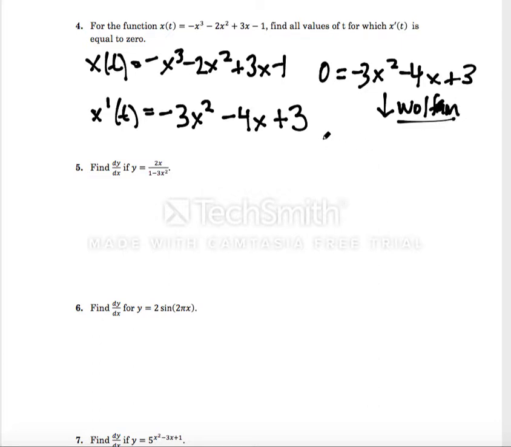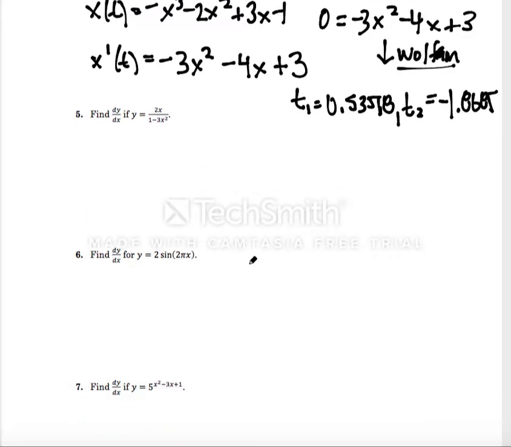Type it in, it knows how to do this. This gives back results of, for one time, 0.53518, and for another, negative 1.8685. So not very pretty, but that is the answer. Moving on to number 5.